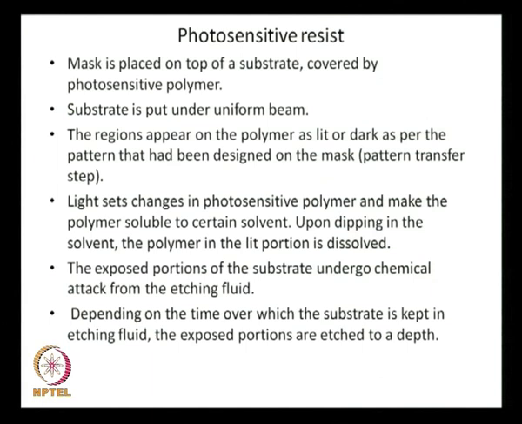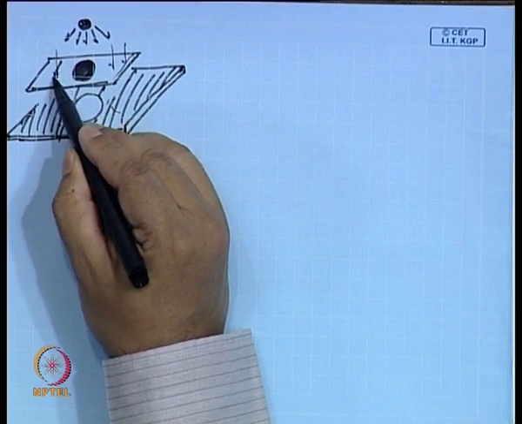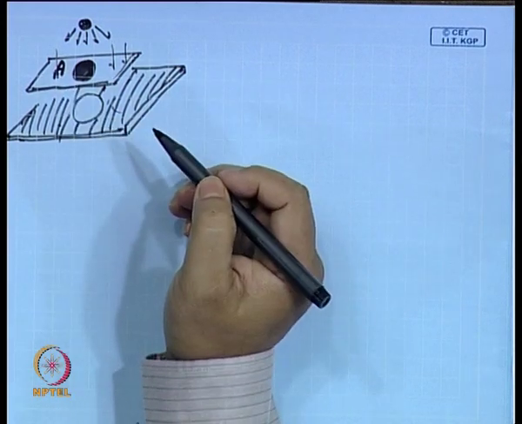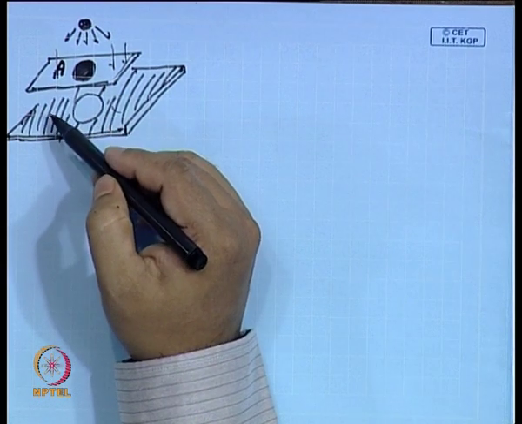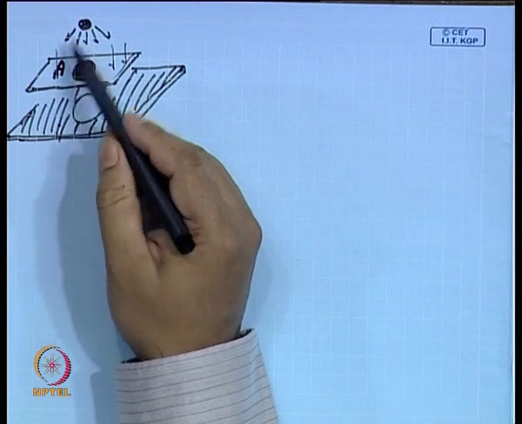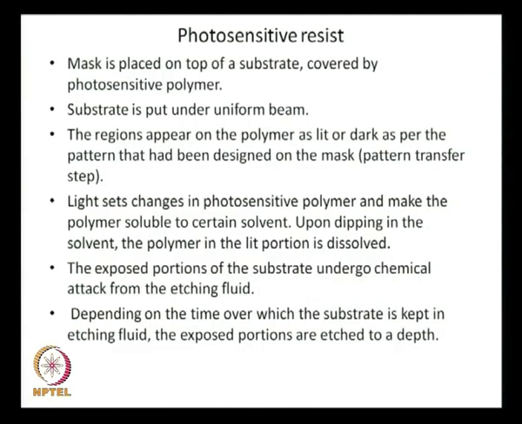If instead of a circle we had a symbol A here, we would have seen a replica, the pattern transfer happening to the silicon substrate by this method.